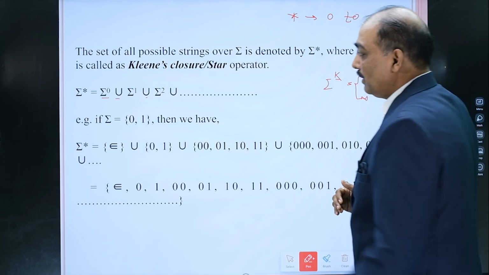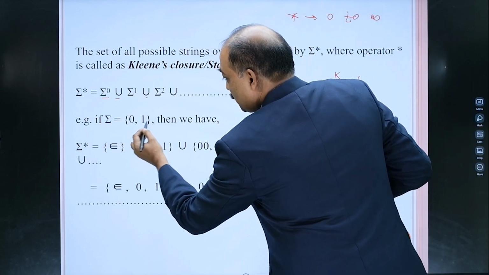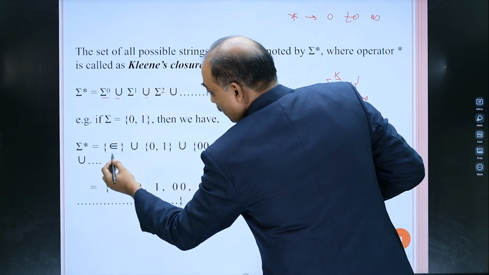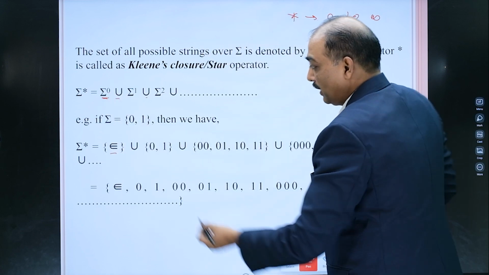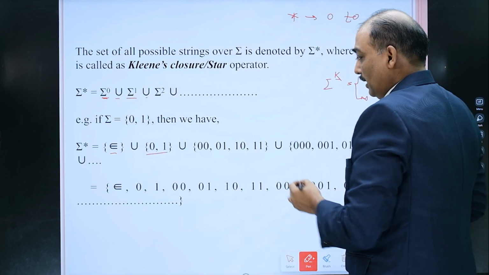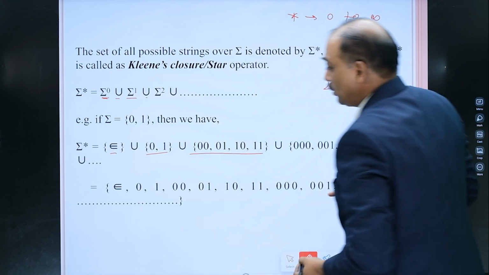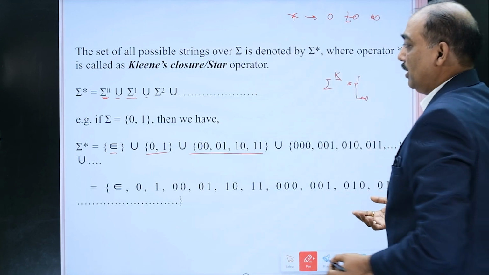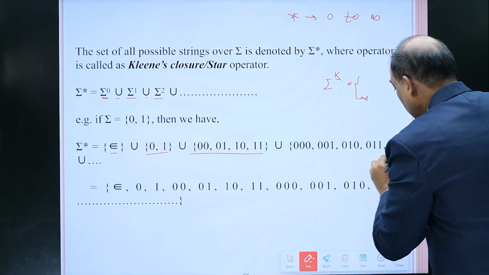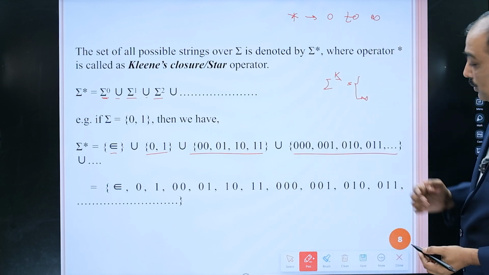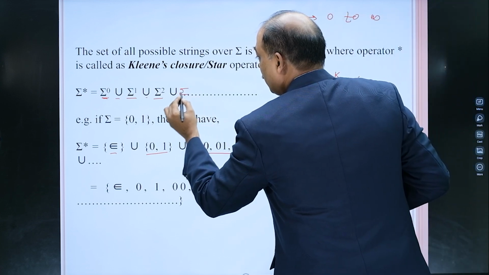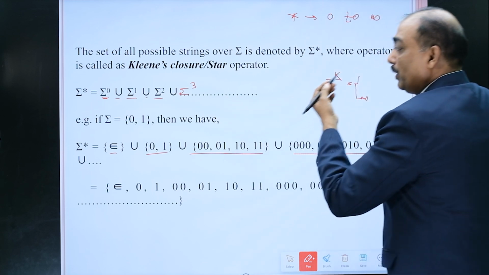If I take an example, sigma is equal to {0, 1}, then we have sigma to the power 0 equal to epsilon, union {0, 1} because of sigma to the power 1. Then I can take the combinations 00, 01, 10, 11 because of sigma to the power 2. Keep moving, keep adding 000, 001 and so on because of sigma to the power 3, dot, dot, dot up to infinity.